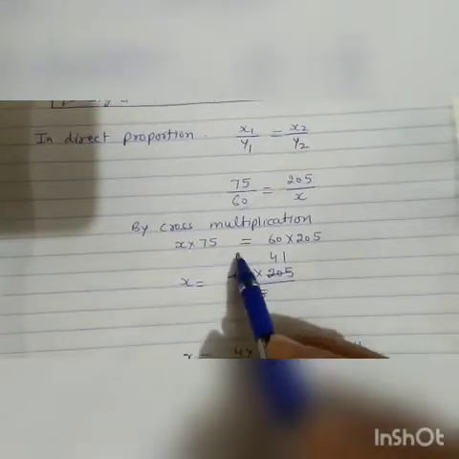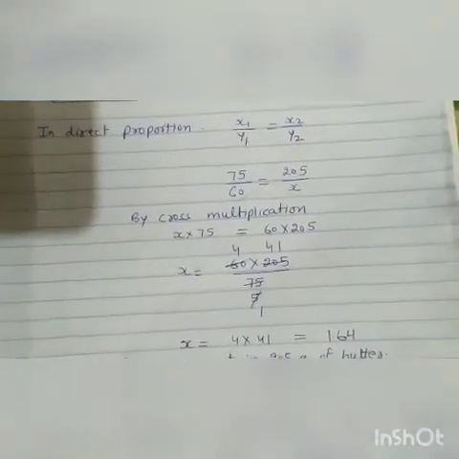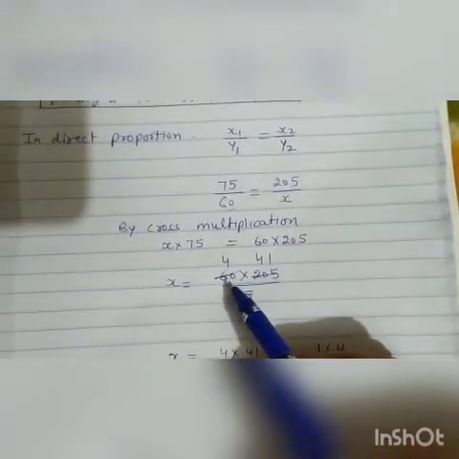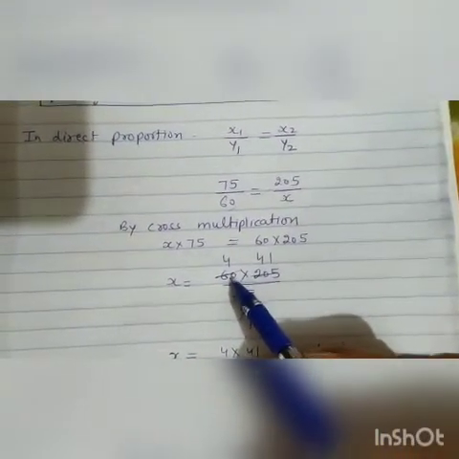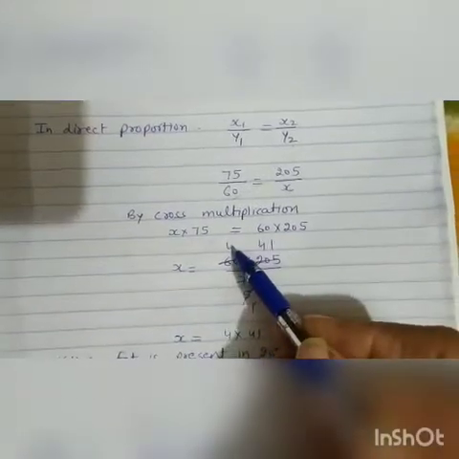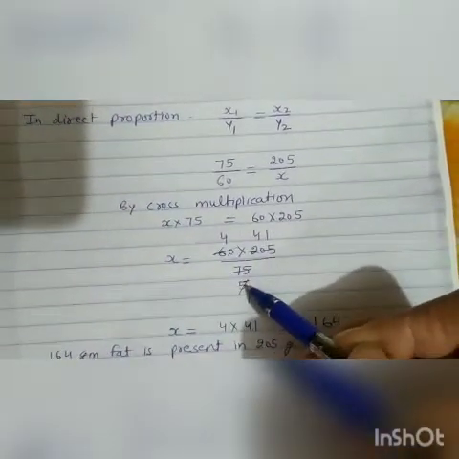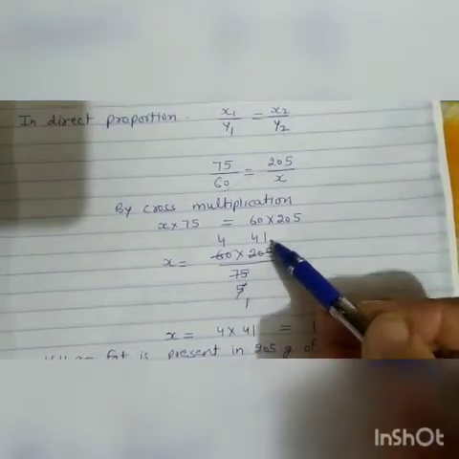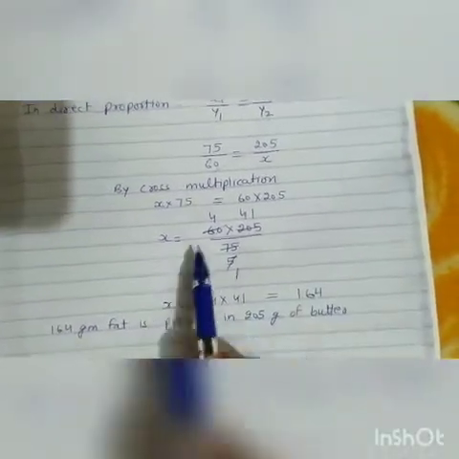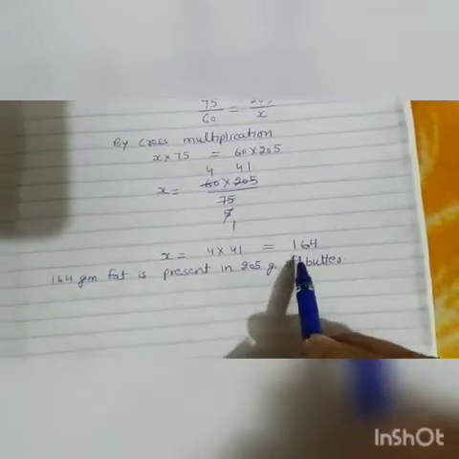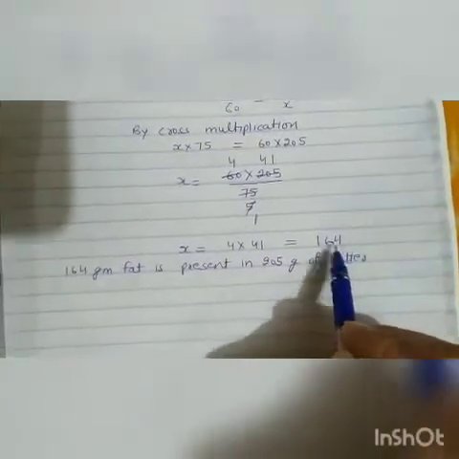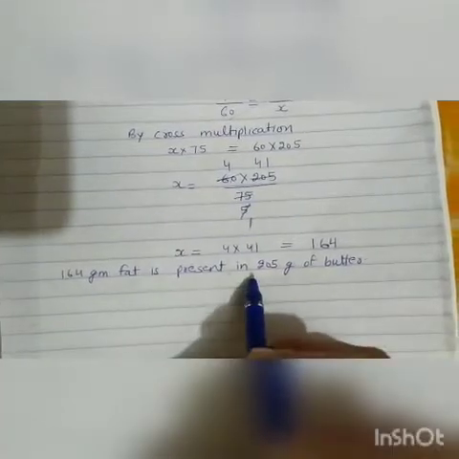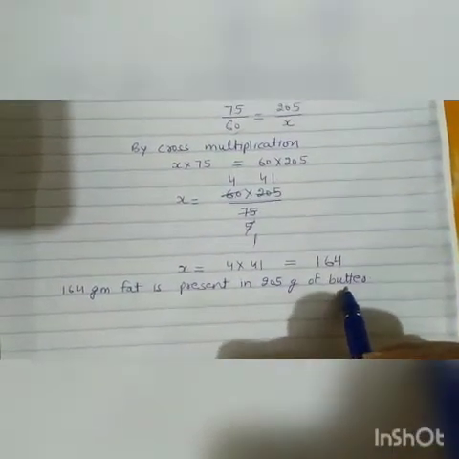Simplify it. 15 fours are 60, 15 fives are 75. Then 5 ones are 5, 5 fours are 20. x is equal to 4 into 41. It is 164. It means 164 gram fat is present in 205 gram of butter.